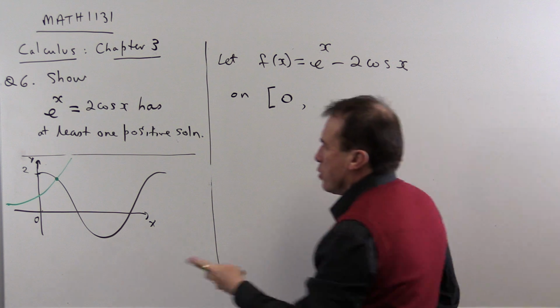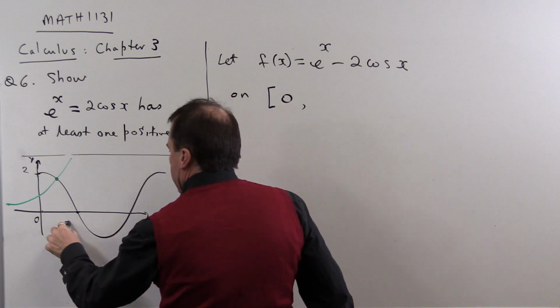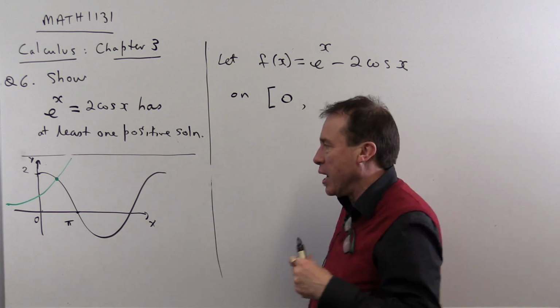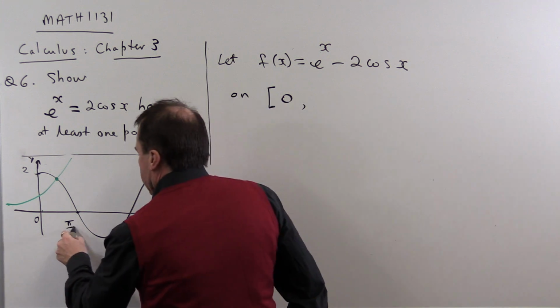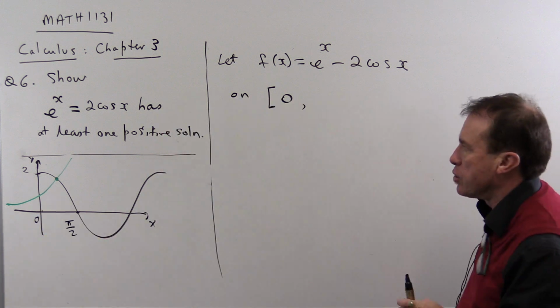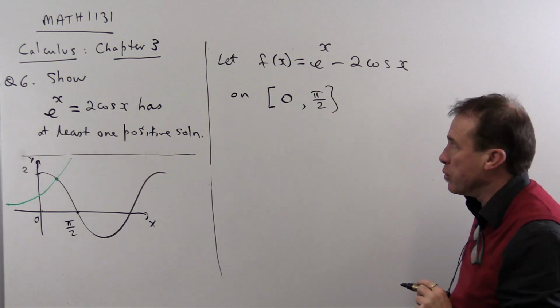So I'll choose the first 0 of this cos function, because the picture gives us a little bit of help with the problem. I can see in the picture that this 0 is somewhere between 0 and pi on 2. And so I'll take my interval to be 0 to pi on 2.